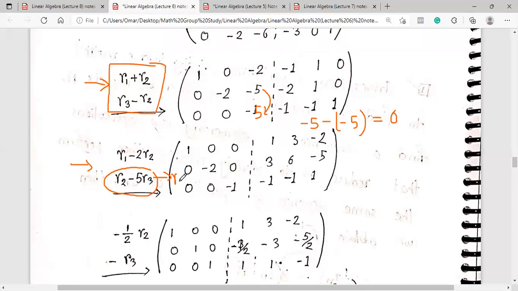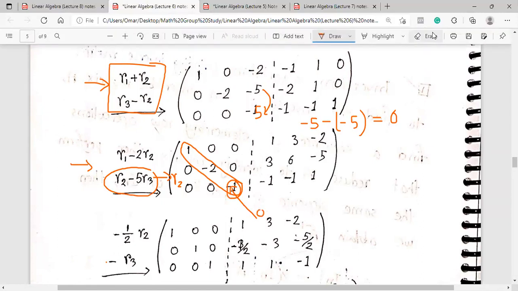Then we substitute the value to row 2, the second row, because you see this is our main diagonal, so we have to keep this entry as 1, because the identity matrix looks like this way: 1 0 0, 0 1 0, 0 0 1.